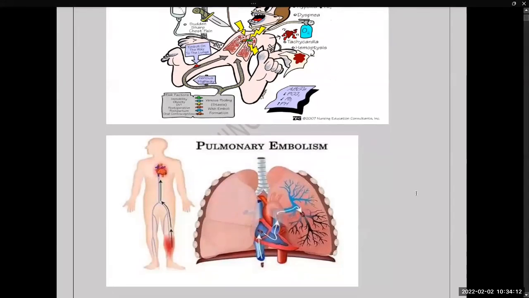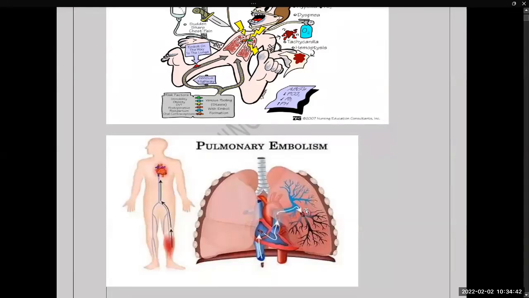This is the exact pathophysiology of pulmonary embolism. Please look at the picture. From the leg, DVT, the thrombus is dislodged and it is moving to the heart, and it has reached the heart. From the heart, with the help of the pulmonary artery, from the right ventricle, the blood is pumped into the microcirculation of the respiratory tract.